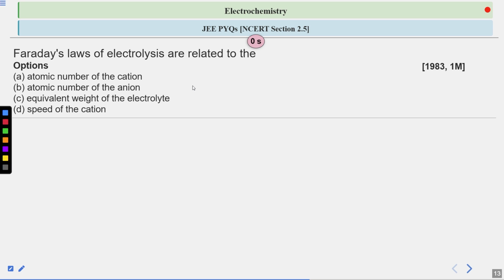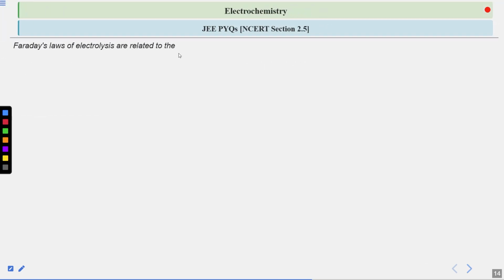Okay, let's see. For this question, the correct answer is option C, which is equivalent weight of electrolyte.